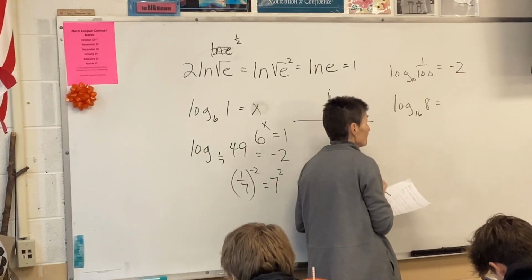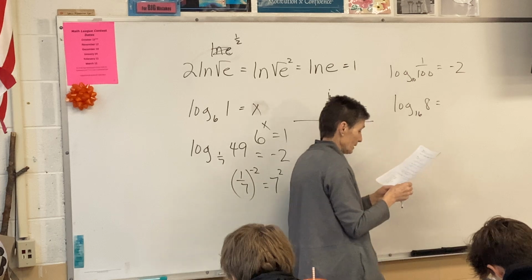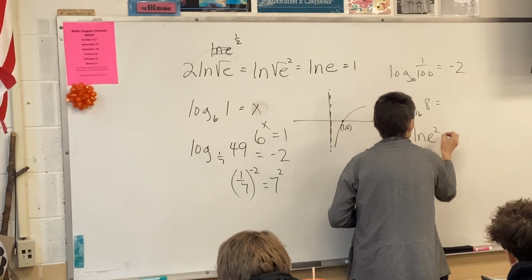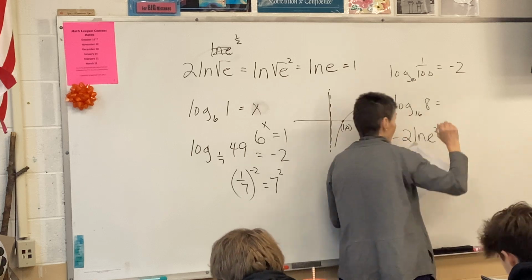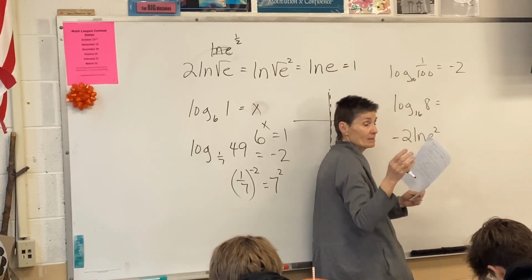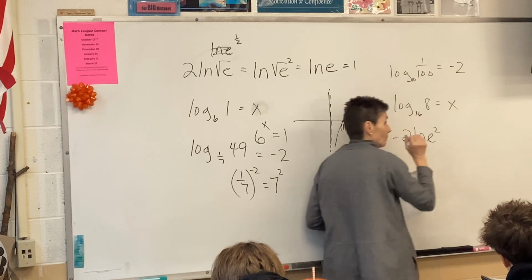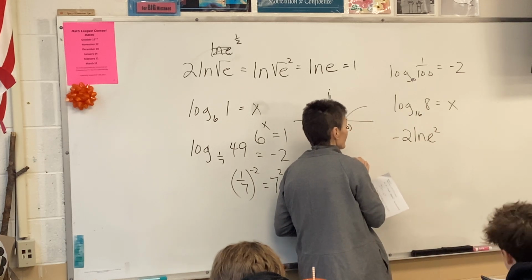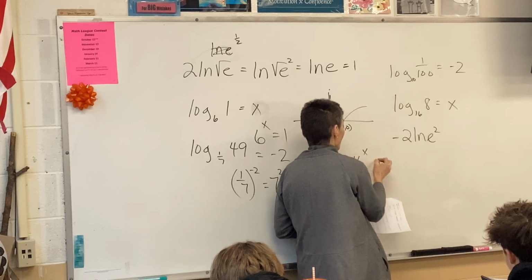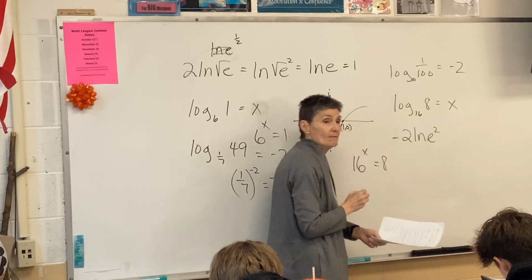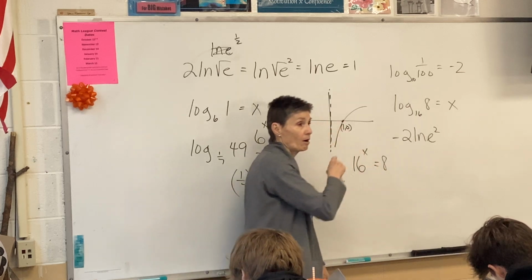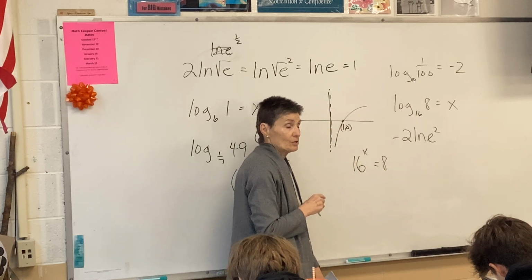Okay, what about this next one? A little bit trickier. What are you going to do with that guy? Get base 2. I heard somebody say change the base, I heard somebody else say loop-de-loop. I would probably, personally, loop-de-loop first. So 16 to some power is 8. And then I would recognize that both of these are powers of 2.